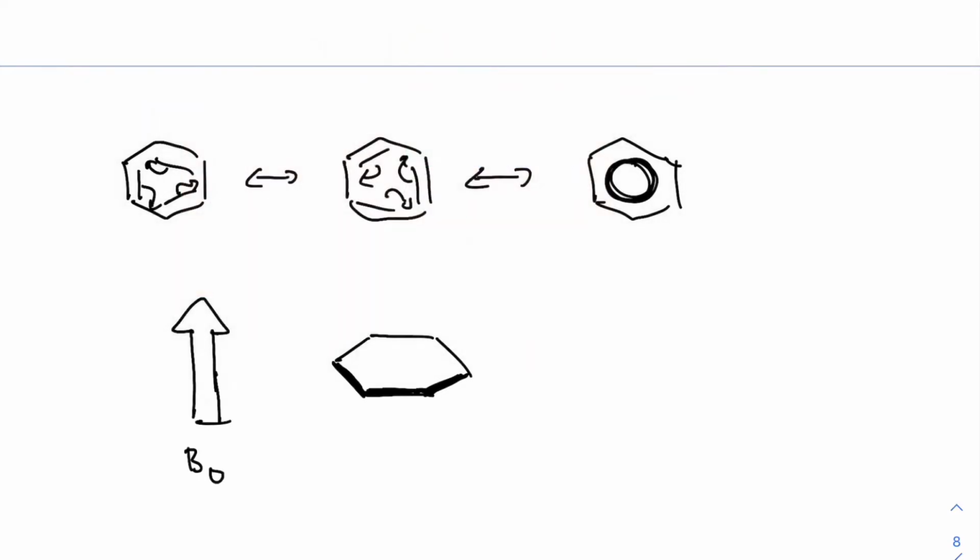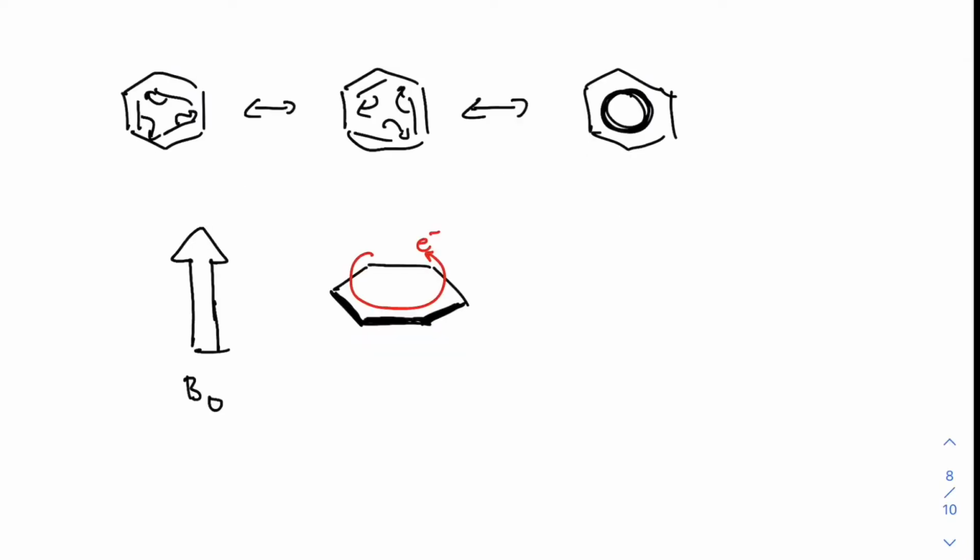If we are looking at the flow of these electrons, with the electrons circulating around that ring in a counterclockwise motion, that creates an induced magnetic field, and that induced magnetic field is essentially circulating through the ring and also on the outside.